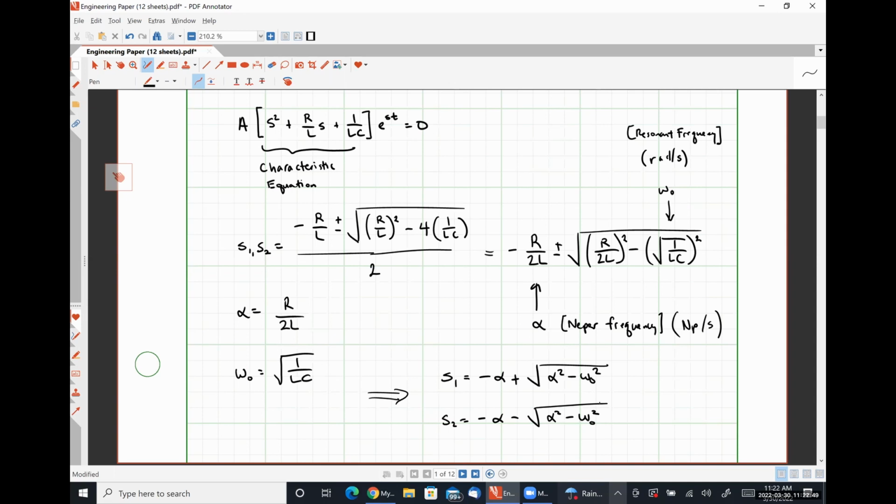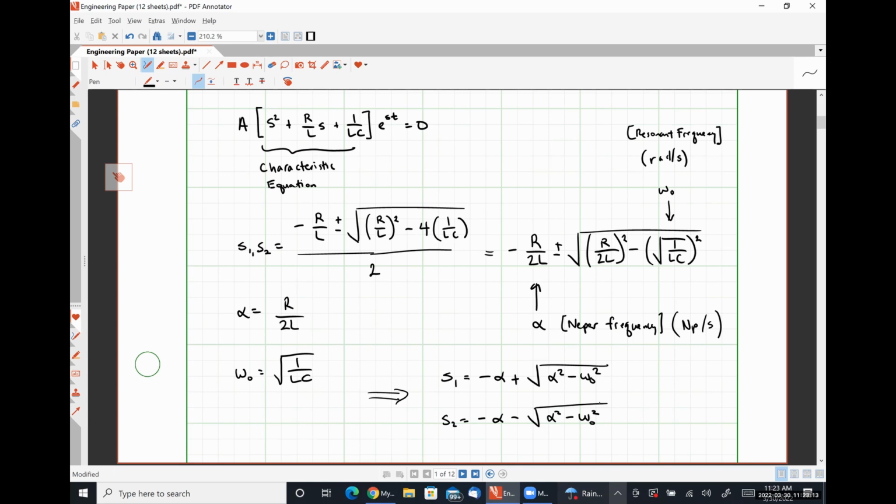S1 and S2 are the natural frequencies of the system. These tell us how it behaves when there is no excitation, or when we're taking an excitation function away from our system, which is exactly what we're doing when we open the switch and disconnect our voltage source.